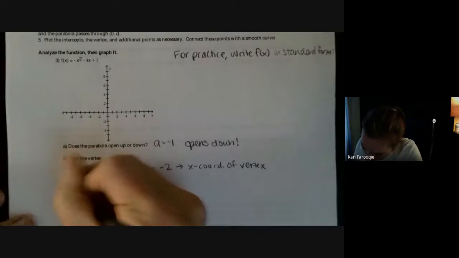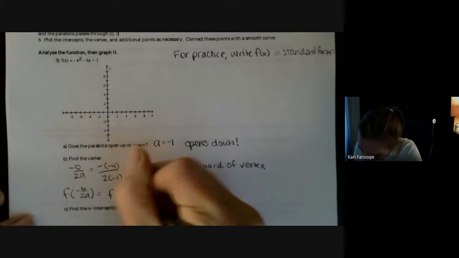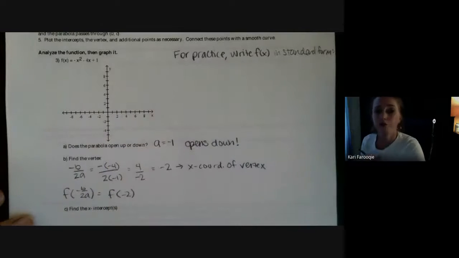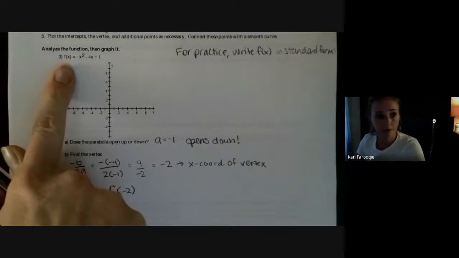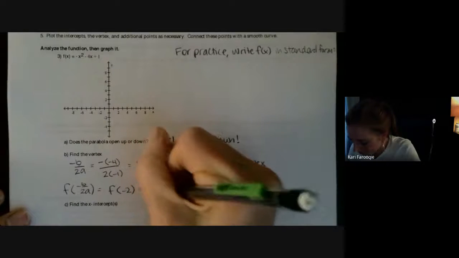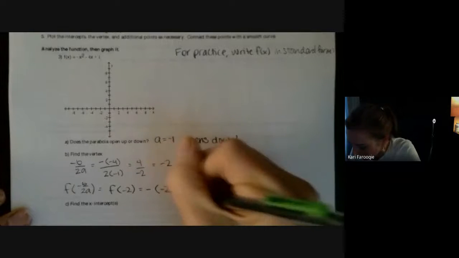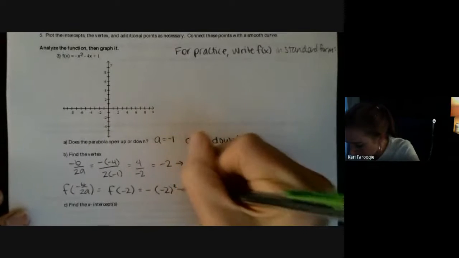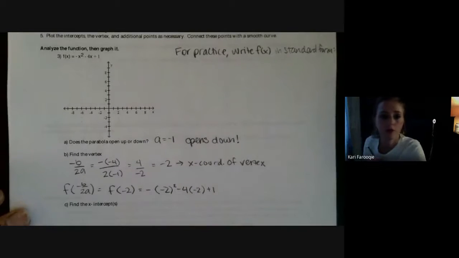So f of -b over 2a is equal to f of -2. So you're going to take your function up here and evaluate it at -2. Don't forget there's a negative in front of it. So you'll have negative and then -2 squared minus 4 times -2 plus 1, and you'll simplify.